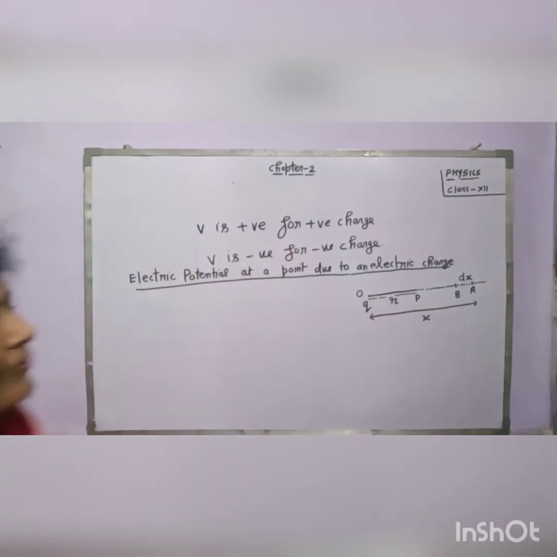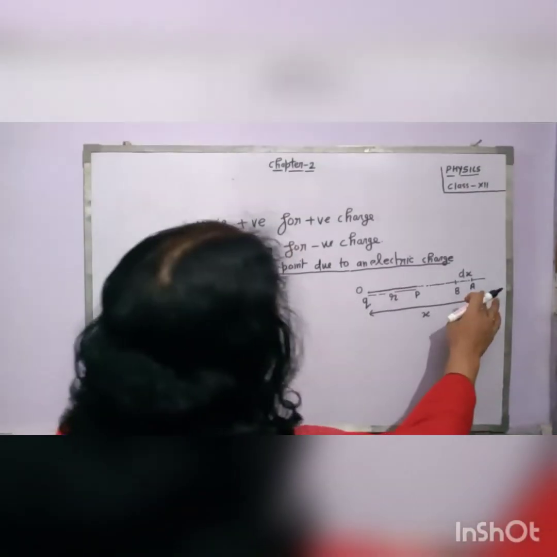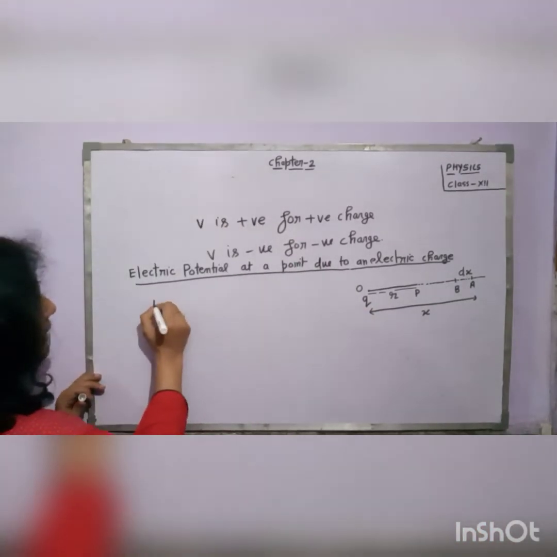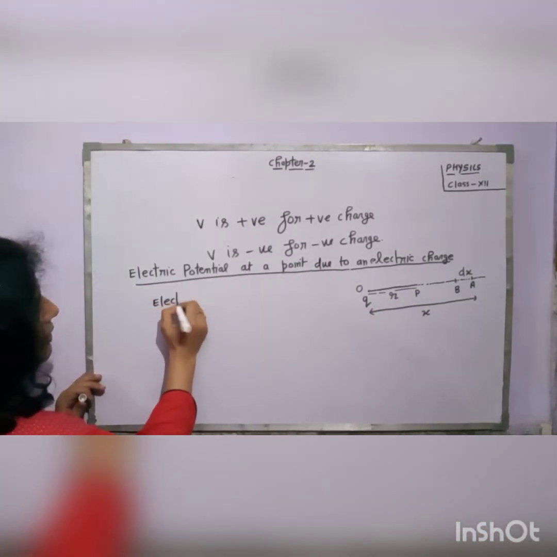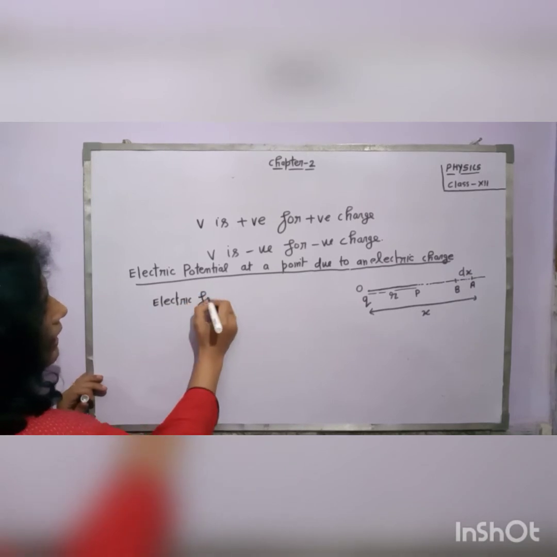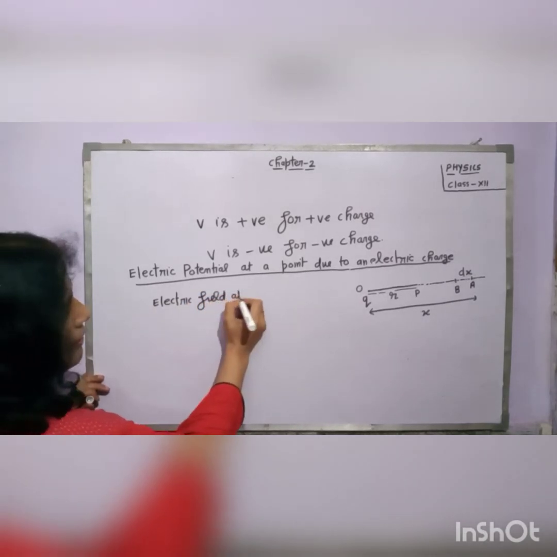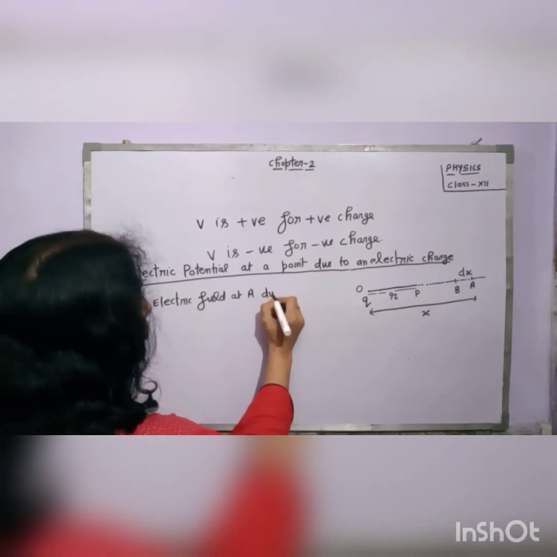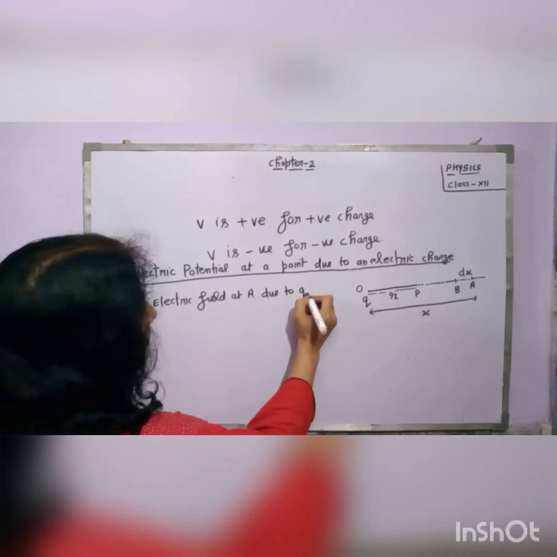Now what is the value of the electric field at point A due to this charge? So I am writing here electric field at A due to Q. What's its value?